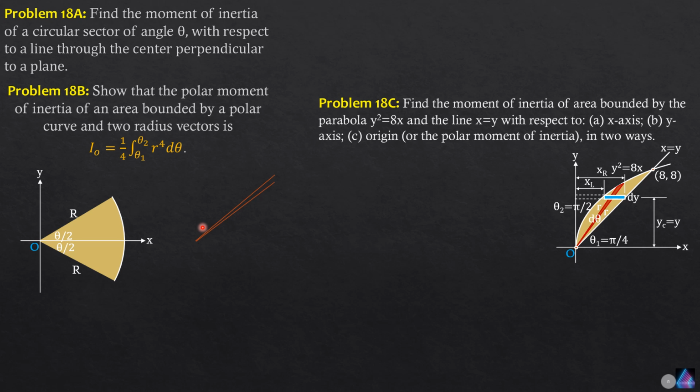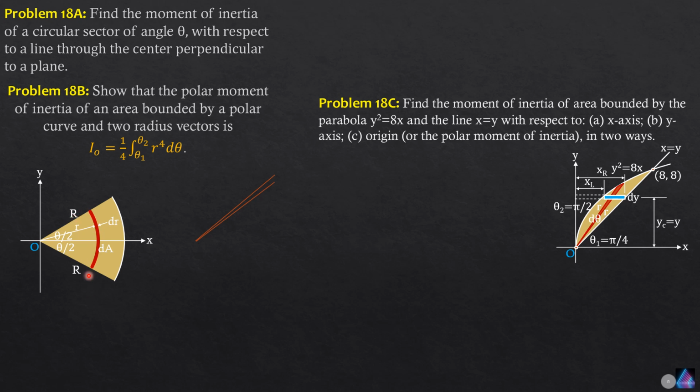So we have I_O. Let's have a ring because, based on our experience, the derivation of polar moment of inertia of area, especially for circular regions, is best and most simply derived by that differential element, which is a ring.